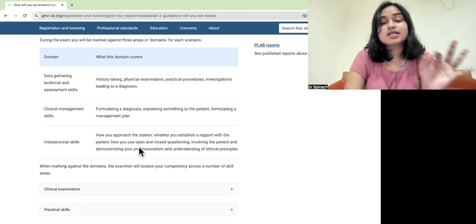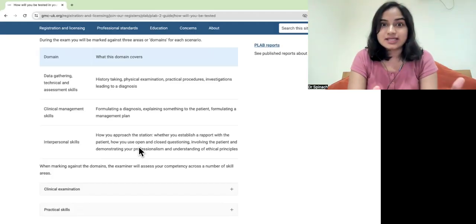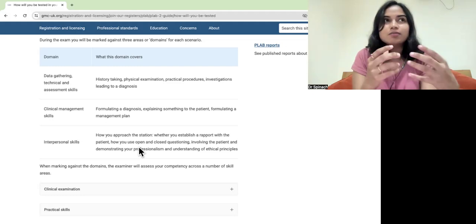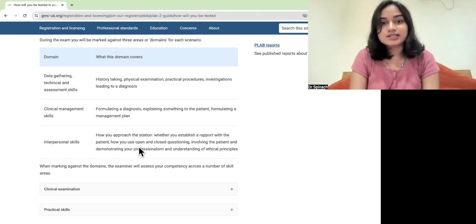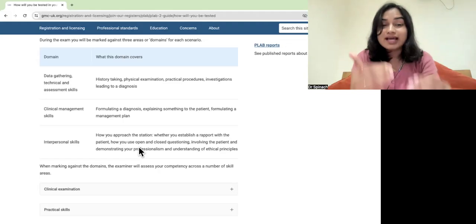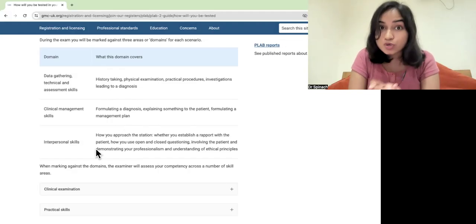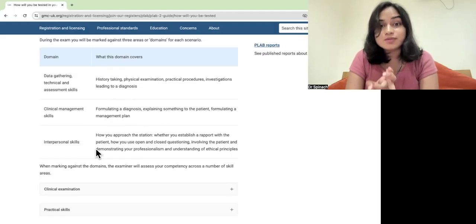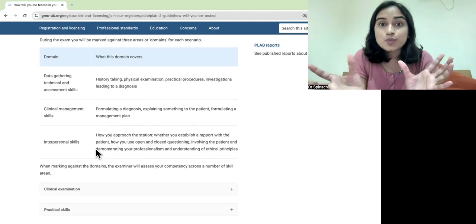And finally, interpersonal skills. Sometimes we as PLAB2 candidates do not understand what interpersonal skills usually cover, and we have a misguided idea that maybe empathy and listening are what is covered, but it is more than that. If you go through this marking criteria, you will understand that interpersonal skills cover how you approach the station, whether you have established rapport with the patient, and how you have used open and closed questioning.